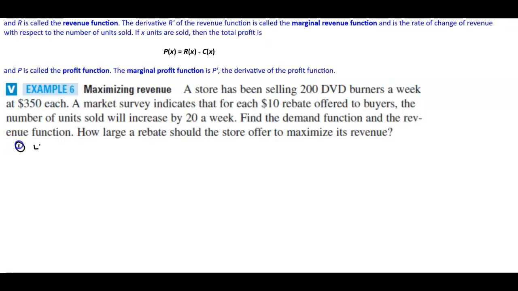So what we're going to do is let x be the number sold per week.